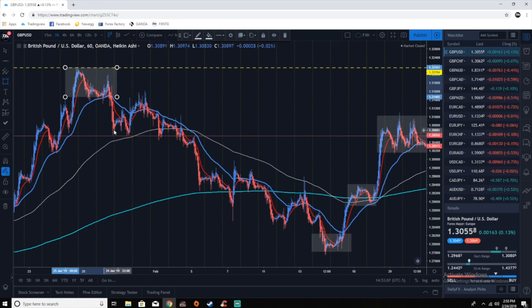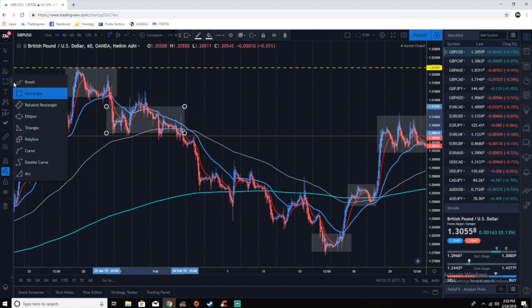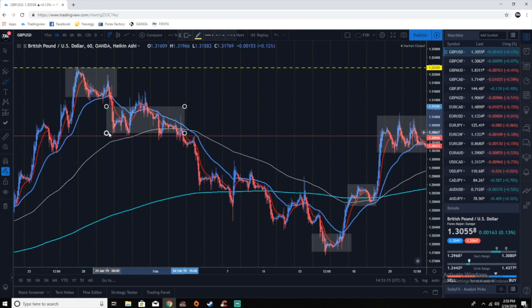Okay, so this right here, this whole area is a level. Okay, and I'm gonna Sharpie it up so you understand this whole thing right here. That is a level. Okay, that is 1 whole level.